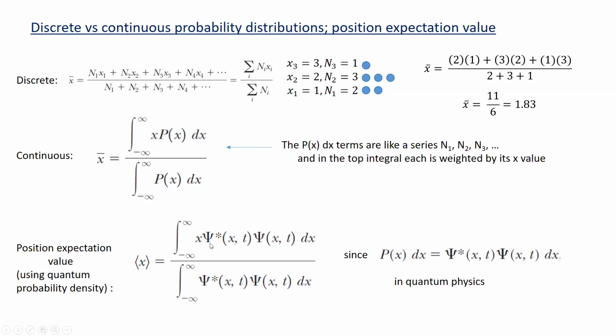So it would be the integral of x psi star psi over the integral of psi star psi. And notice that this bottom form here is the integral of the probability density over all space, which, if the wave function is normalized, would be 1. So if we're dealing with a normalized wave function, this denominator would automatically be 1.